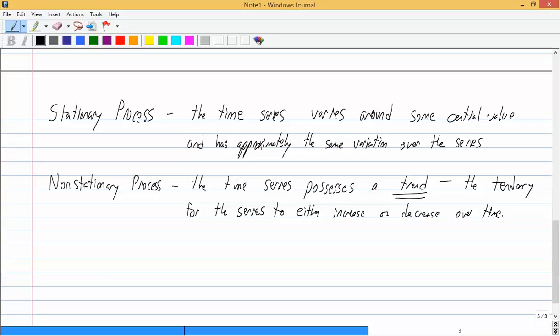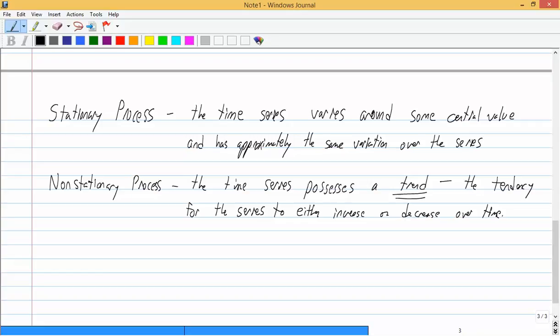So maybe let's say that data was taken on the amount of carbon monoxide in the atmosphere over the past 100 years. Well, more than likely over the past 100 years, the amount of carbon monoxide would have increased. So I would think that data probably would consistently increase over those years. So then that would be a non-stationary process.